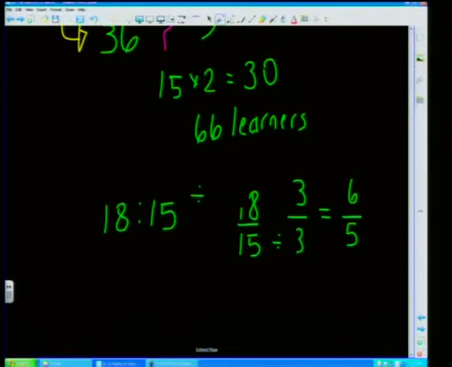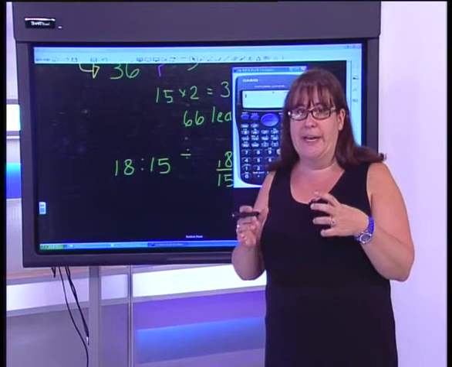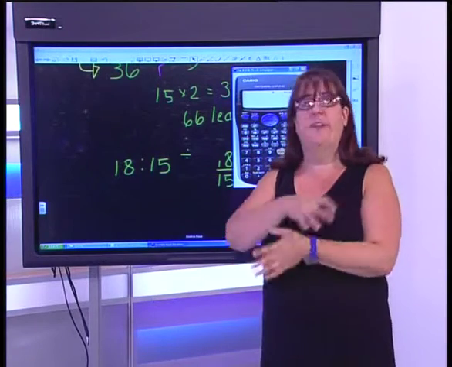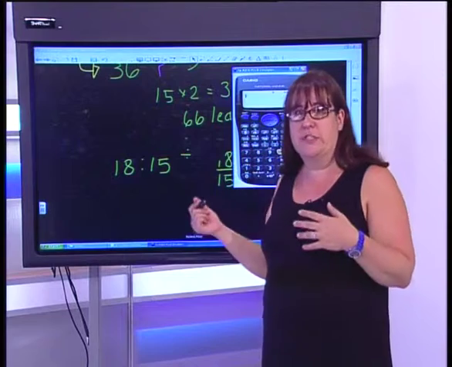Now, for those of you that are using a scientific calculator, I want to show you how to actually simplify your ratios with the use of a calculator. Now remember, if you don't have a scientific calculator, it's not a necessity and you will have to do it the way I've just done it on the board.